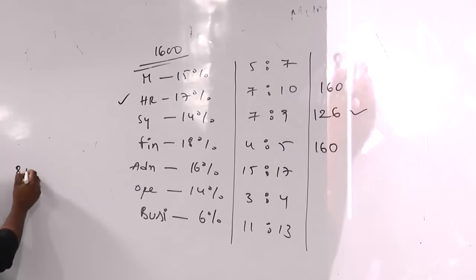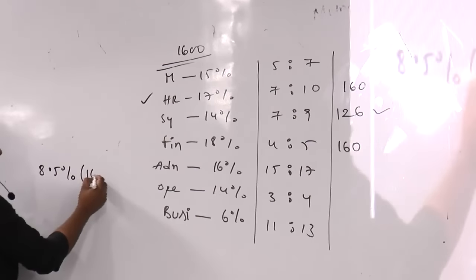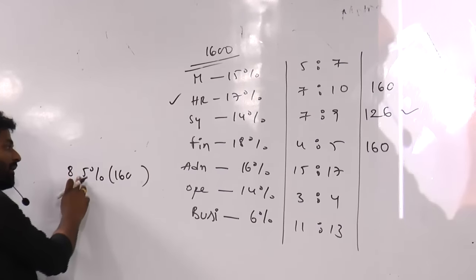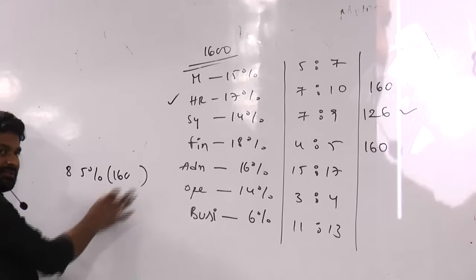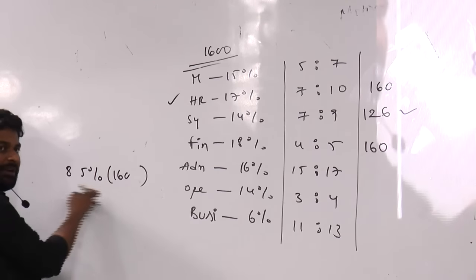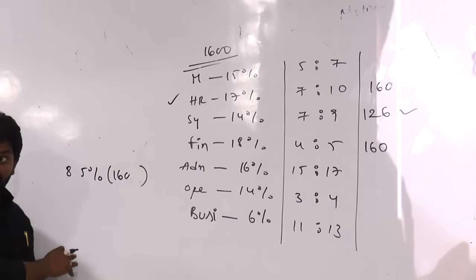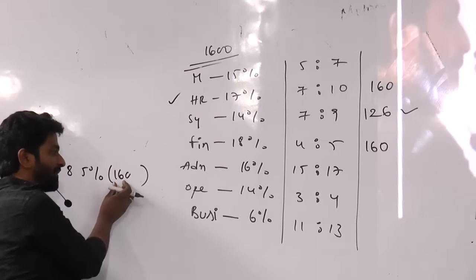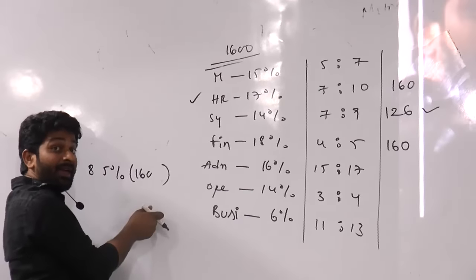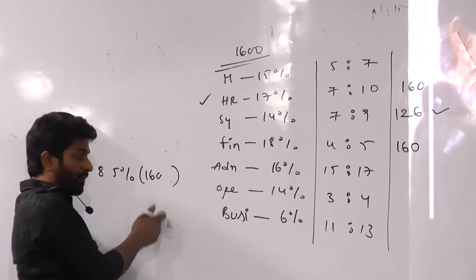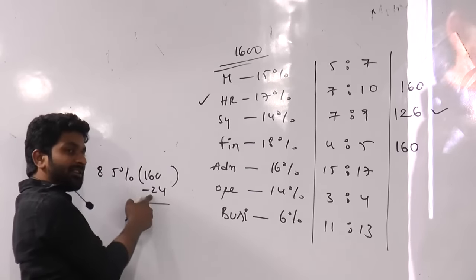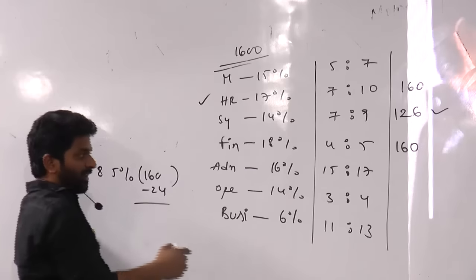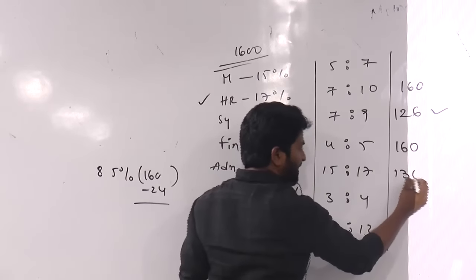So 8.5% of 1600, that is 85% of 160, divided by 10 into 10. Is that okay? 85% in the sense subtracting 15%. 10% is 16, half is 8, 16 plus 8 is 24. Subtract 24: subtract 30, add 6. 160 minus 30 is 130, add 6, 136. So these guys are 136.